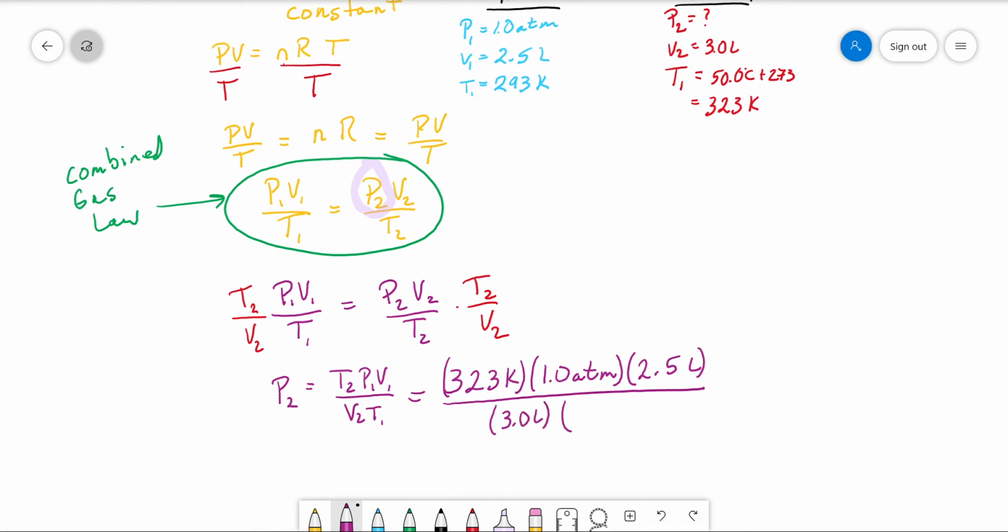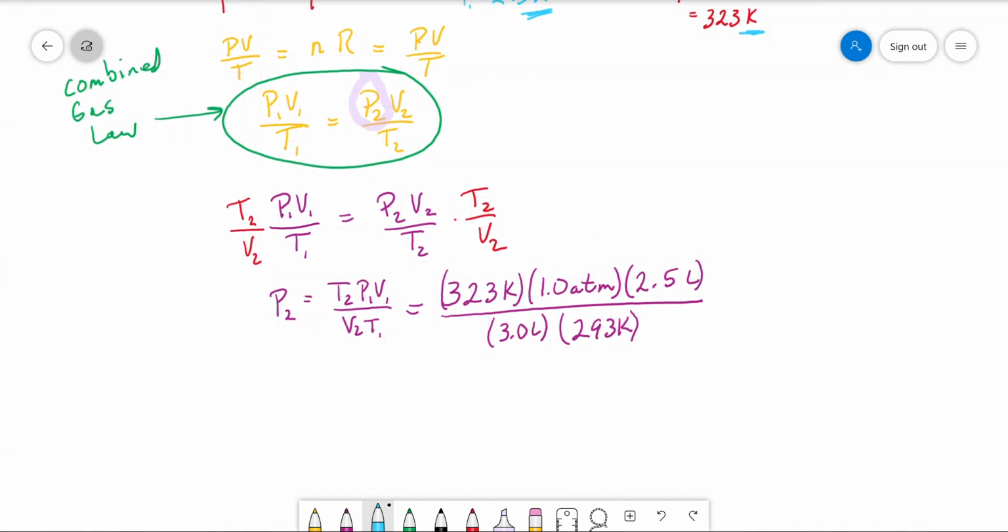And T1, 293 Kelvin. Now, does it matter which units I use? Kind of. For everything but temperature, as long as they're the same on both sides of the equation, it's fine. Look, we have liters and liters, okay? So it doesn't really matter. The only thing you gotta do is make sure everything is in Kelvin. You cannot do a gas law problem if you do not have it in Kelvin.